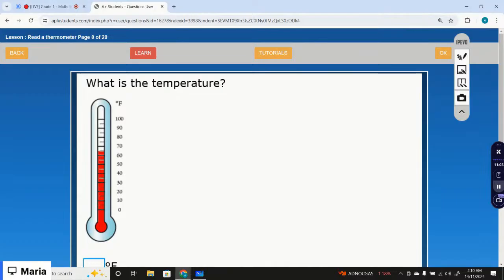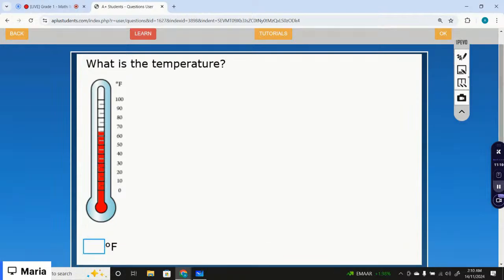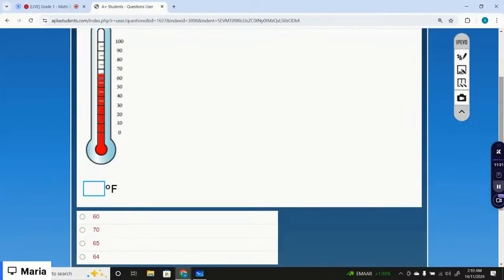What is the temperature? Which is the correct option? That is 65 degrees Fahrenheit. Option number 3 is the correct option, right?